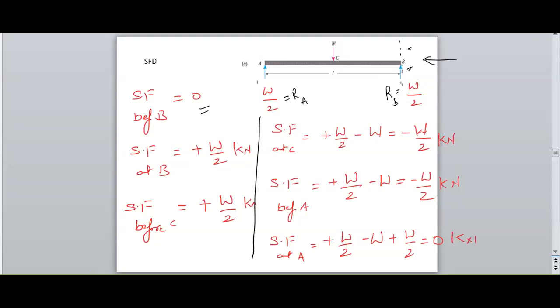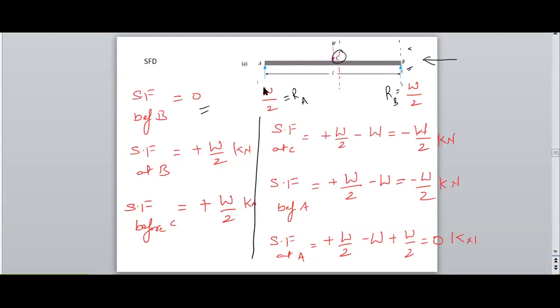Next, I need to shift for the next point. Here the next point is C. Therefore, before C, shear force before C. So here I need to consider the section now before C. Before C means again I have only RB value, which is moving upward direction.